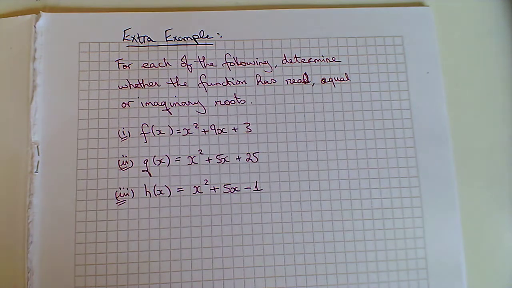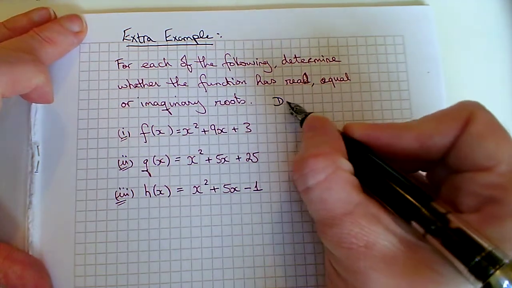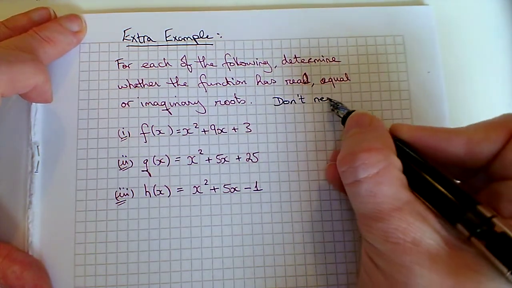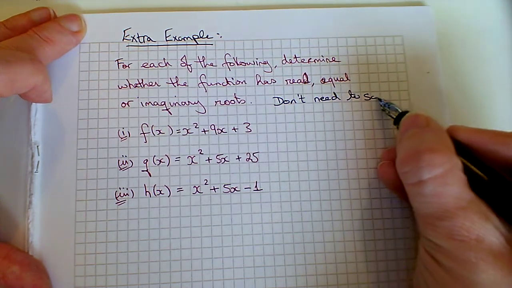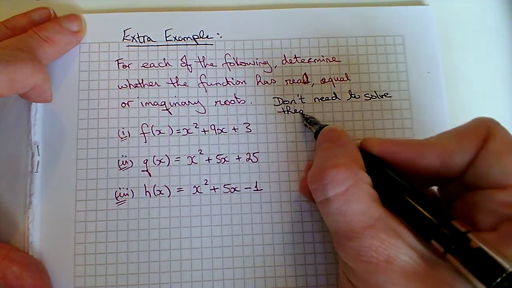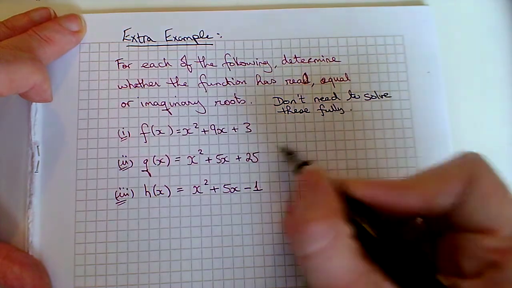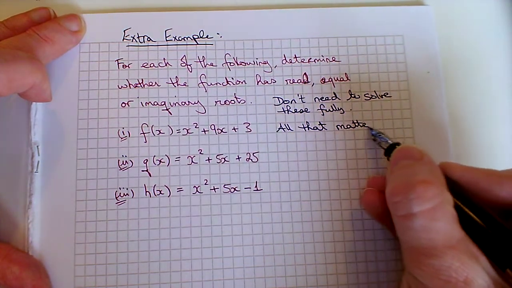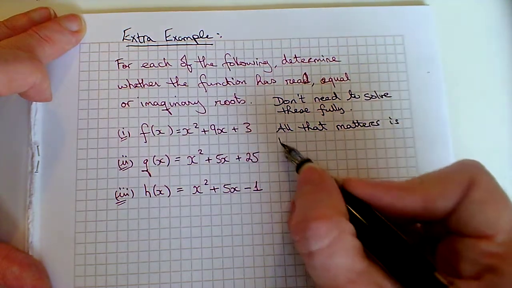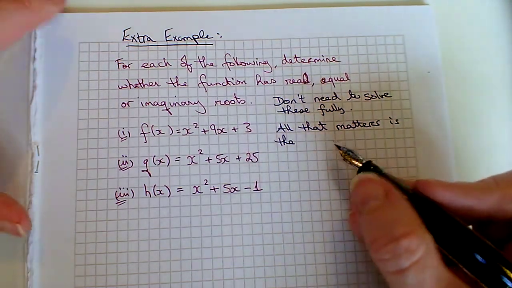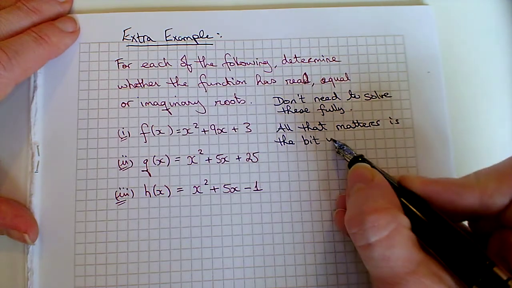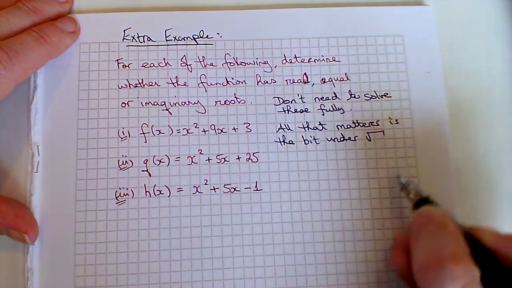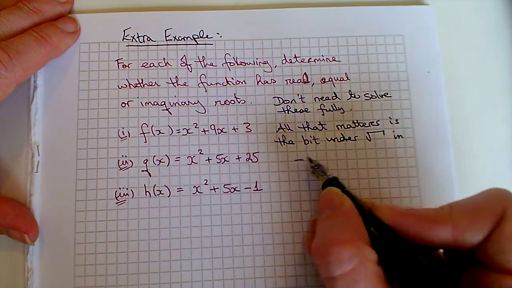Now we could go ahead and solve these, but we don't need to. At least we don't need to solve these fully. All that matters is the bit under the square root sign in the minus b formula.